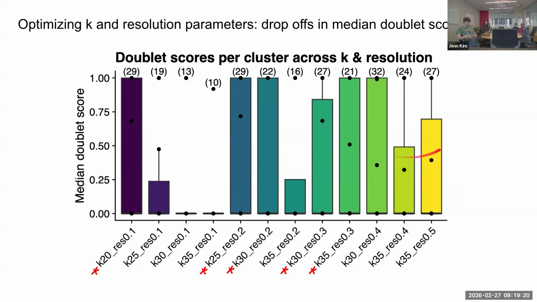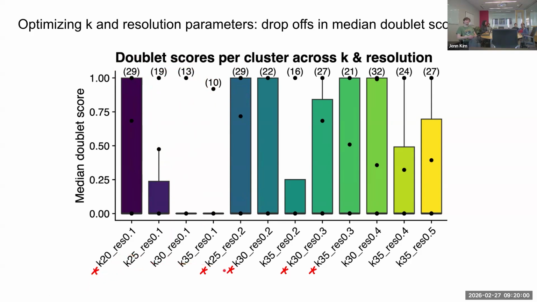So I tried to basically focus in on the parameter combinations that give you a greater separation of doublet scores. And then also here I aimed for 20 to 30 clusters within the resolutions, because if you drop some of the clusters, for example, on this 19, 13, or 10 range, you might be left with fewer numbers of clusters that might not be as informative for your data.